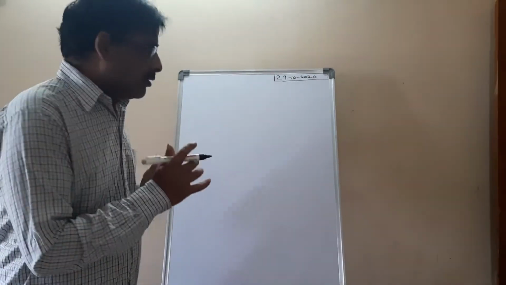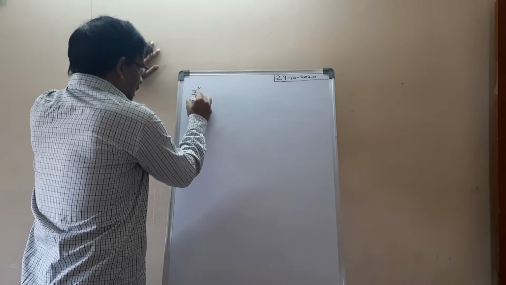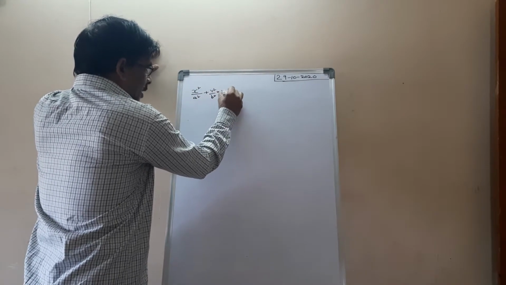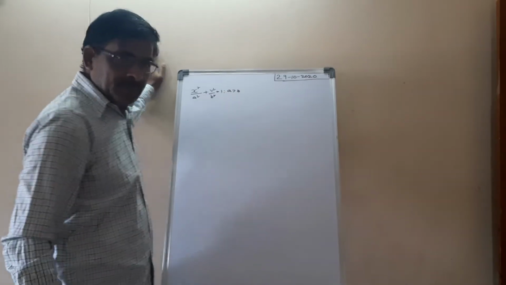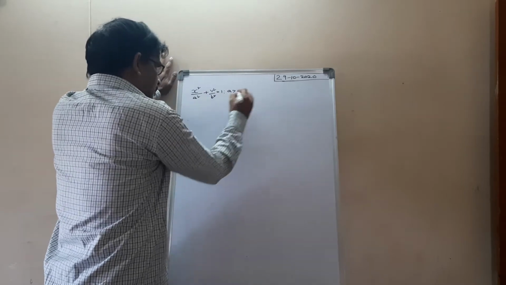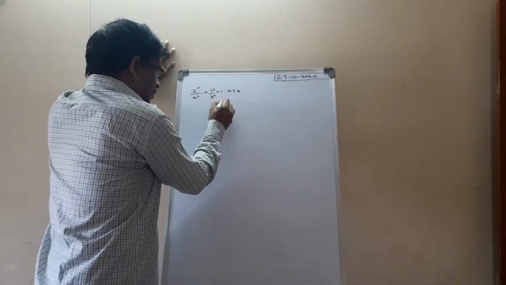What is our ellipse? x square by a square plus y square by b square equal to 1, where a is greater than b. And one more is there. Before that I will draw a diagram.